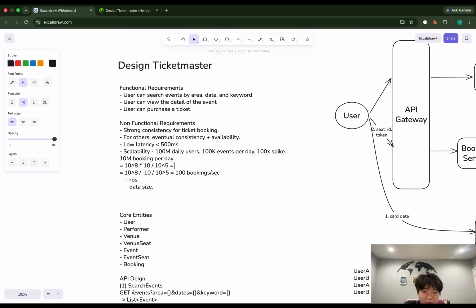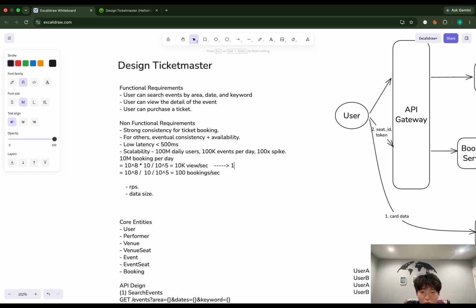this is 10K views per sec. Okay, and because there is a spike, this can be up to 1 million views per sec, and this can be up to 10K bookings per sec.